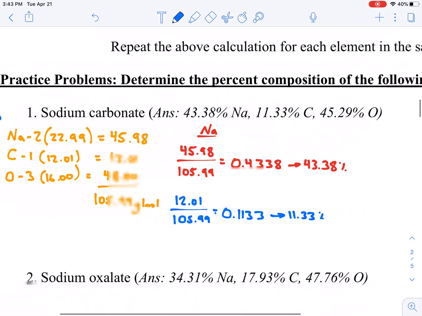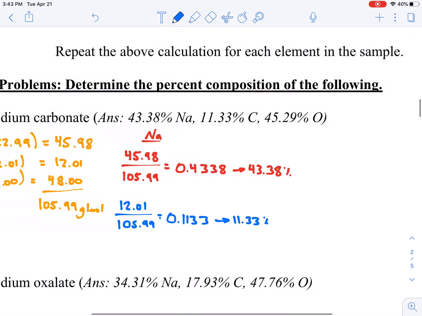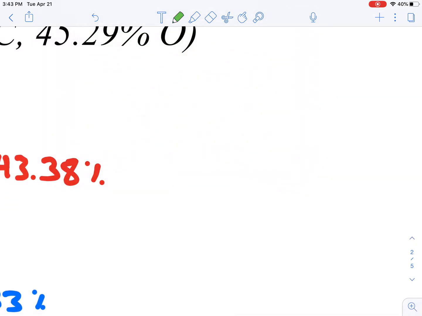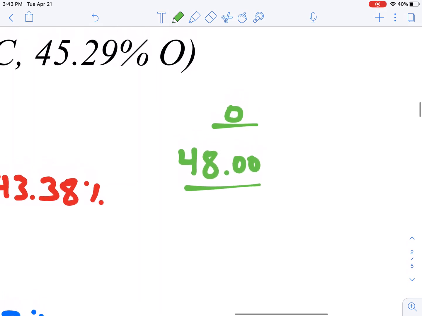And then we're going to do the exact same thing for our oxygen. For oxygen, we have a mass of 48.00 over our total mass of 105.99.